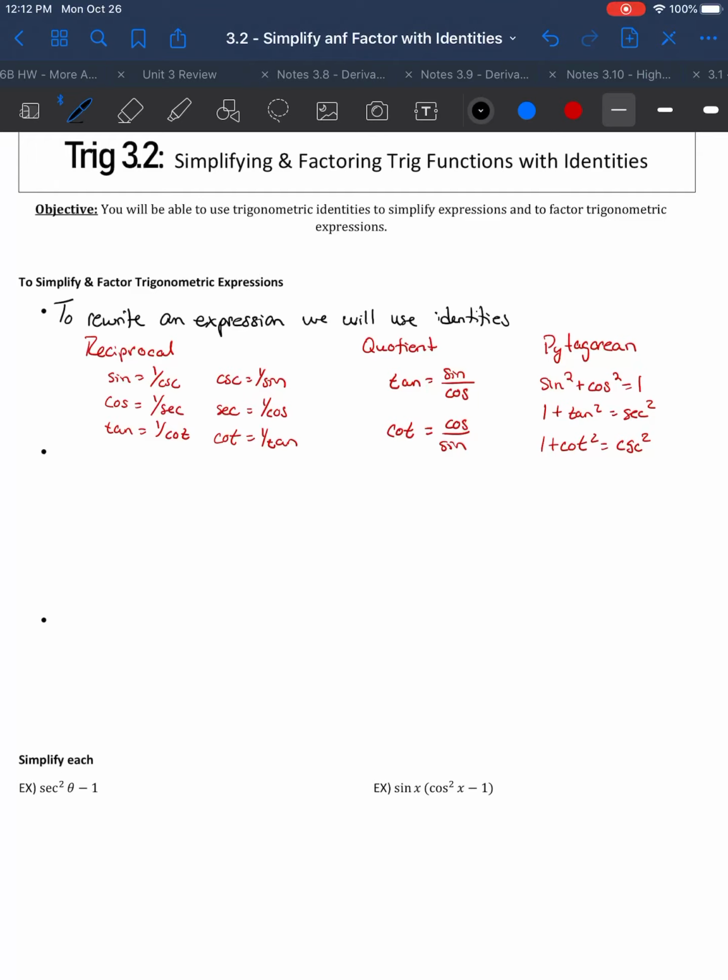These notes and examples, because I can't interact with you, are going to be kind of me just telling you what to do. But when you do your homework on your own, you're going to have to decide what to do and when to do it. And again, there's more than one correct way to go about these.